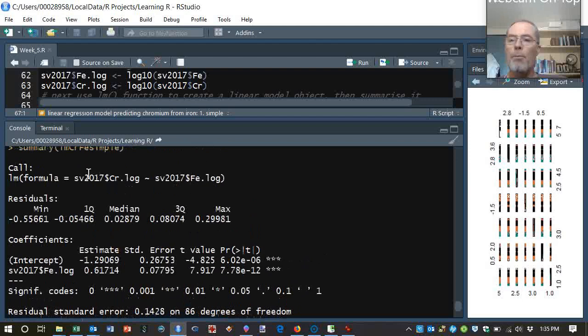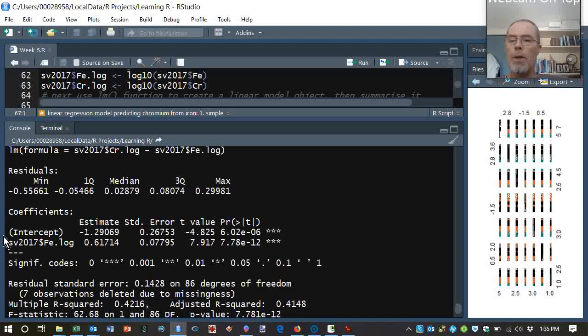Okay, first of all, what is the output? Just tells us what we did. I guess it's useful as a check. The residuals for the model should have a mean of 0. They kind of do. We can check that a bit later on with what we call diagnostic plots.